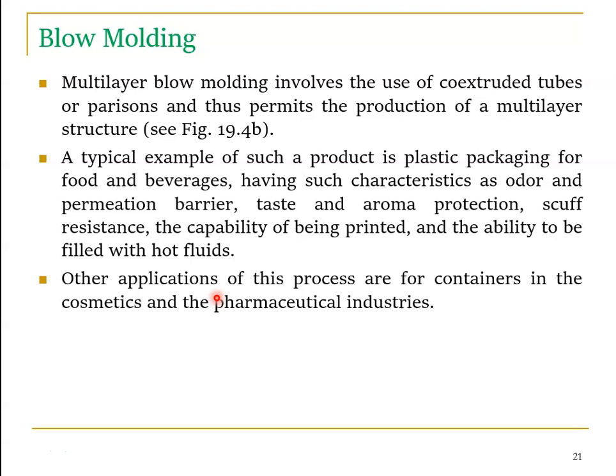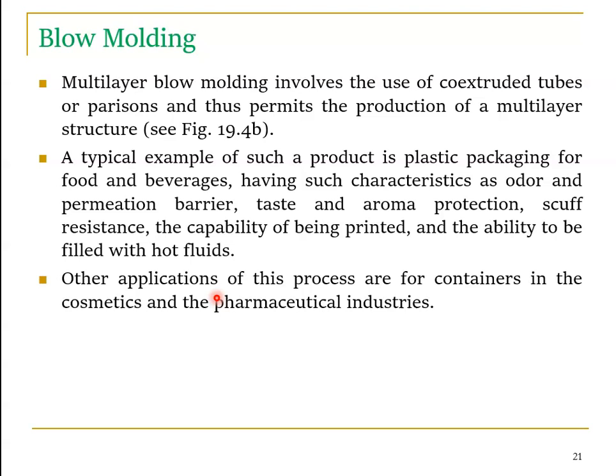Sometimes we use multilayer blow molding, which involves the use of co-extruded tubes or parisons, and thus permits the production of multilayer structures. If you want multiple layers, you need to use multilayer blow molding. A typical example of such a product is plastic packaging for food and beverage, having characteristics such as odor and permeation barrier, and taste and aroma protection.